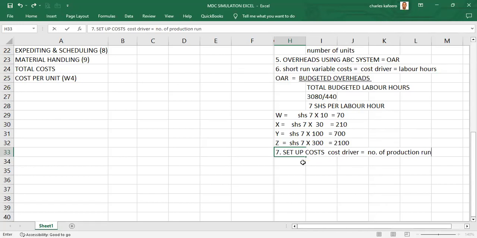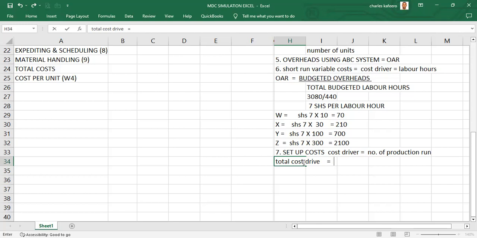So having gotten the cost driver, the second item is to get the total cost driver. Just like the way we got the total overheads and the total number of labor hours used, it is the same way we are getting them here. If you check the question, they have given us the number of production runs. These are not per unit.